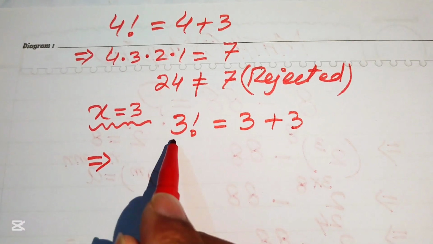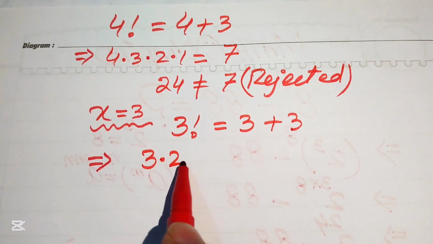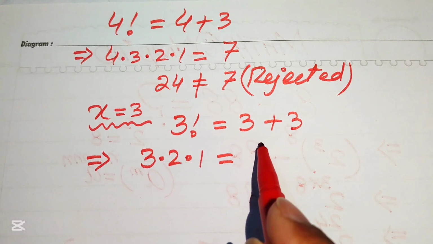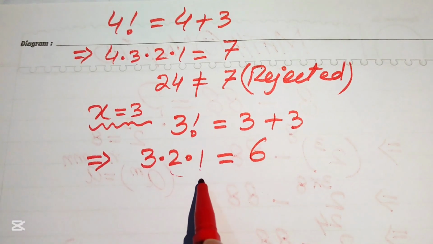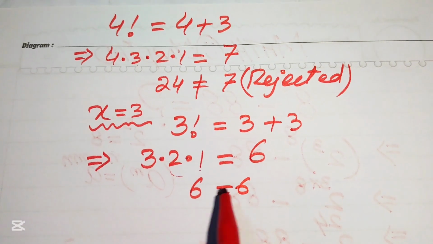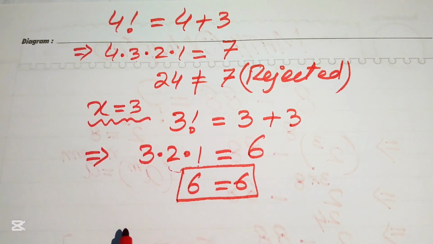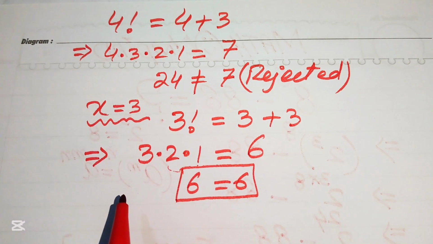Now we expand 3 factorial, which means we multiply 3, 2 and 1. Here you see that 3 plus 3 equals 6. So 3 times 2 becomes 6, 6 times 1 becomes 6. So you clearly see that 6 equals 6. By inspection, the value x equals 3 satisfies the given equation.